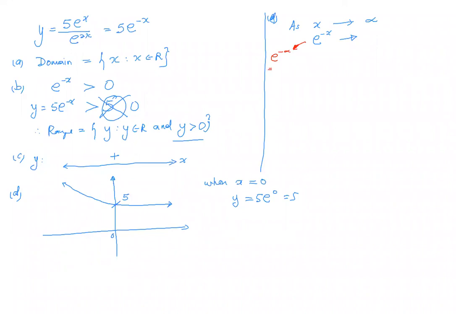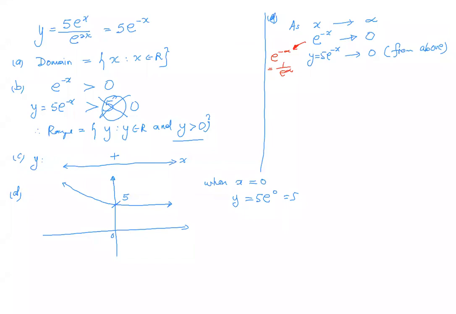So this is 1 over e to the power infinity. Straight away, you know the true fact, it will approach 0. So my y, which is 5e to the power negative x, will approach 0 from above. That's why you see it approach 0 from above.